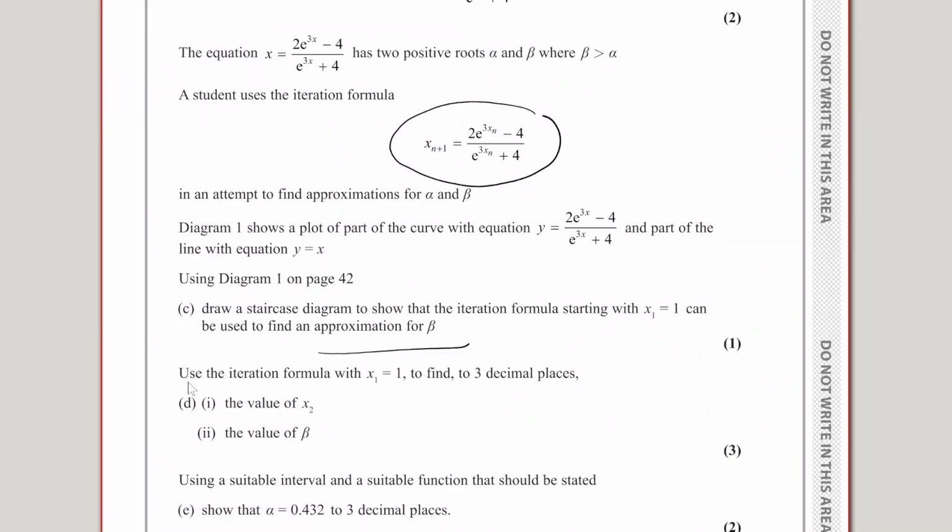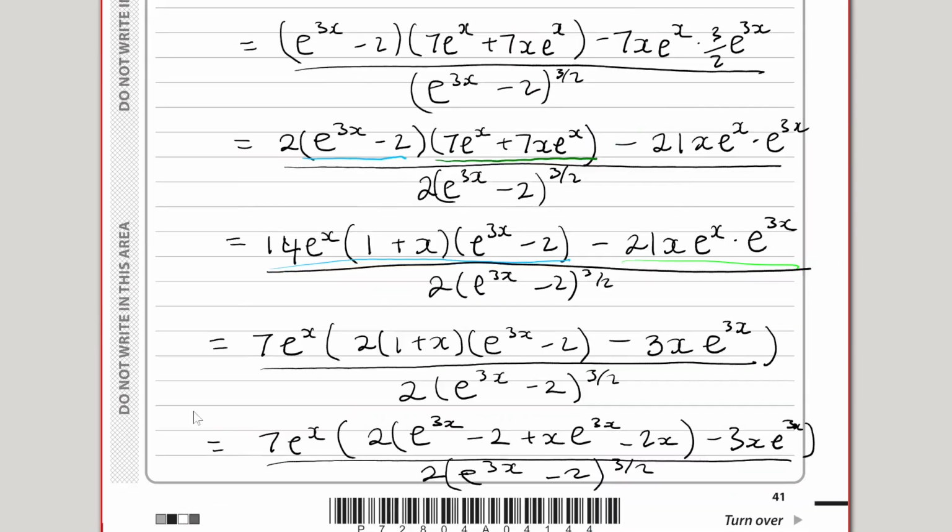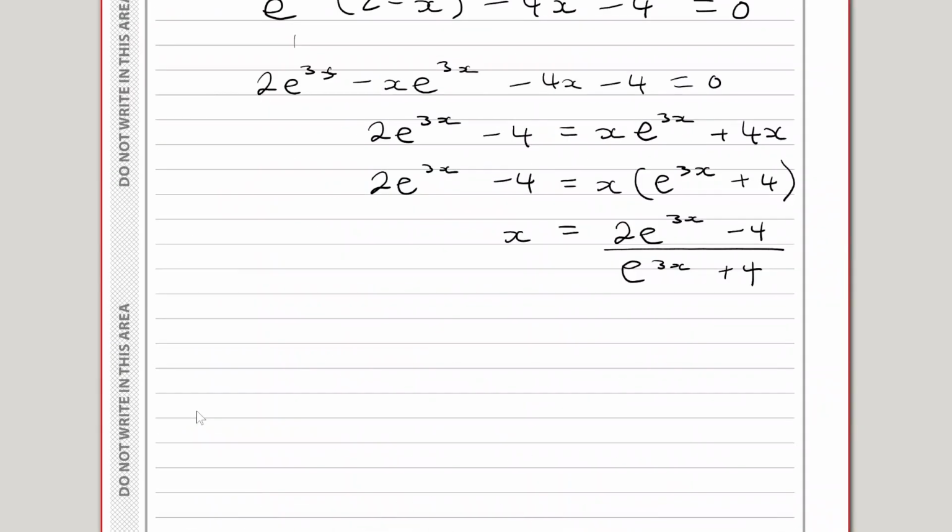And then use the iteration formula, part D, with x1 equals 1 to find x2 and beta to 3 decimal places. So we're using the iteration formula now. So D part 1. So x1 equals 1. So we're substituting 1 into our iteration formula.